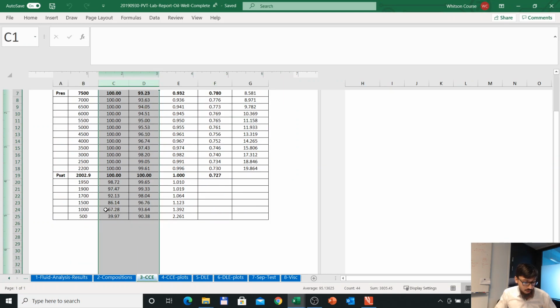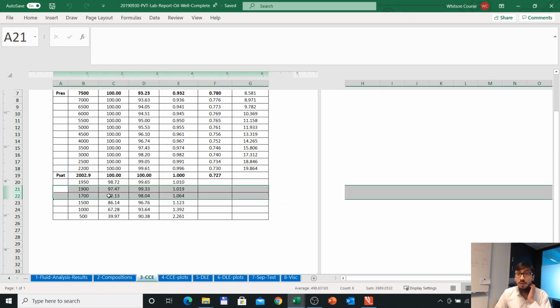We need the relative oil volumes in the CCE at 1800 psi. So we go here and see if we can find 1800 psi, and you can see we don't have that, and that can be a very common finding. In a CCE experiment, you may not find the exact same pressure step below the saturation pressure that you have in a DLE or CVD experiment. But if the pressure steps are close, like here it's only 100 psi, then if you do the interpolation, that would be a reasonable approximation.